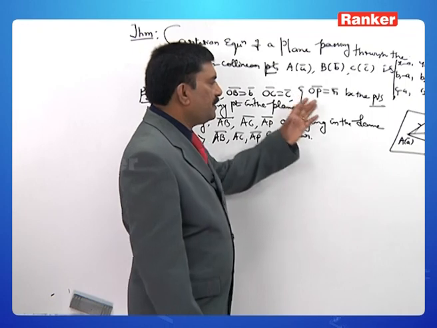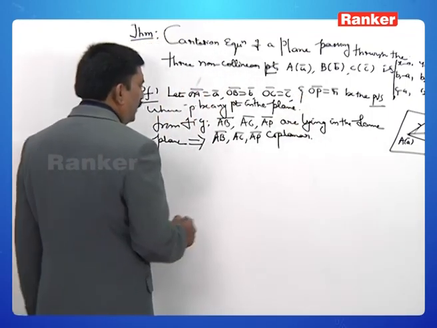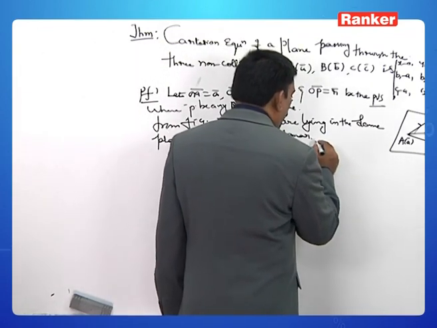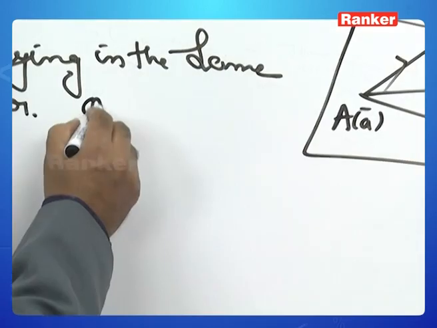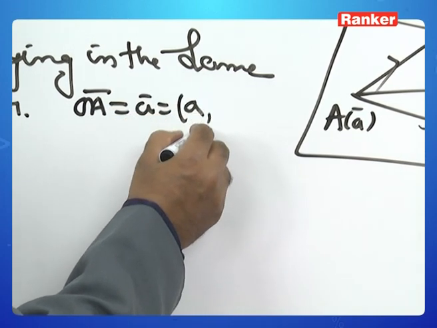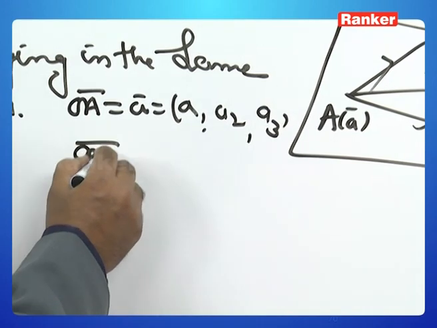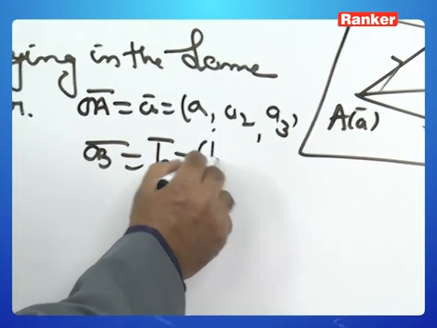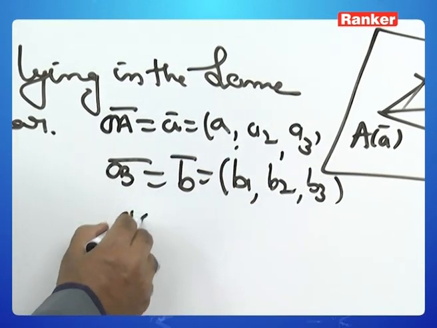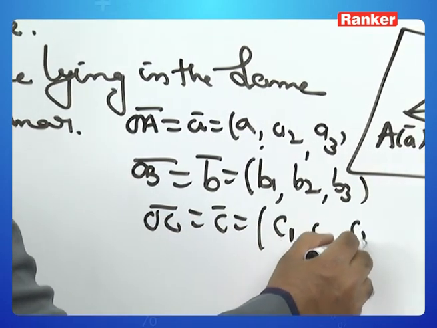Now since the vectors are in terms of i, j, k, I take OA bar is equal to A bar is equal to A1 i, A2 j, A3 k; OB bar is equal to B bar, B1 i, B2 j, B3 k; OC bar is equal to C bar, C1 i, C2 j, C3 k.